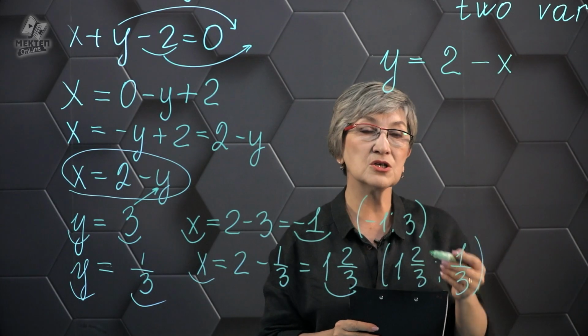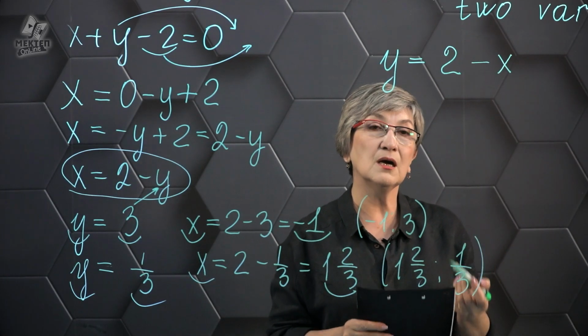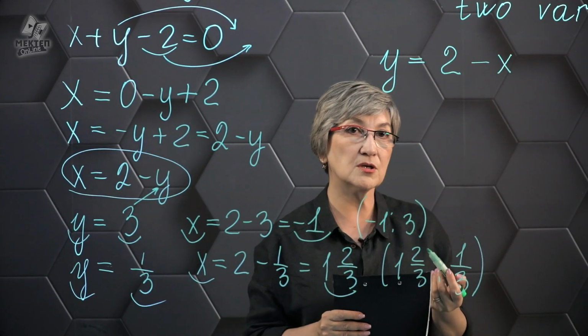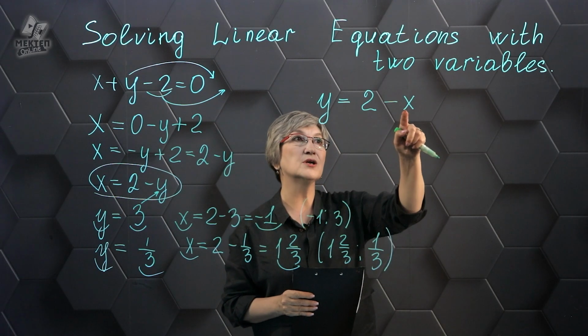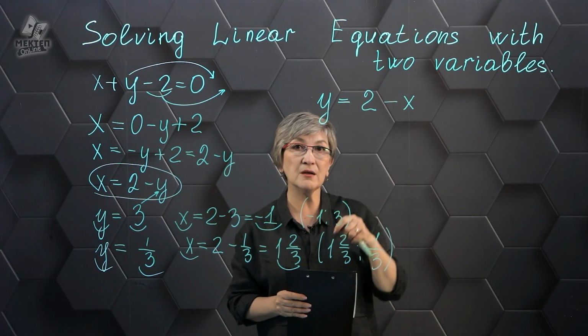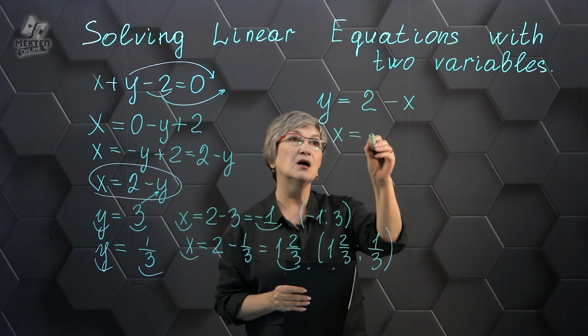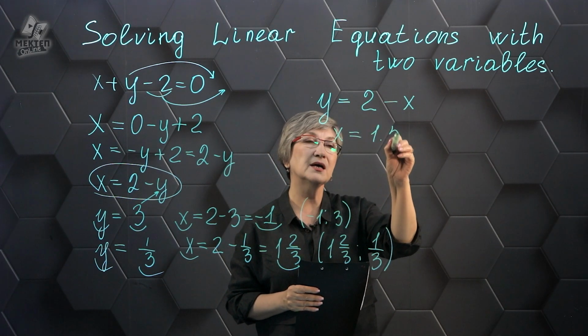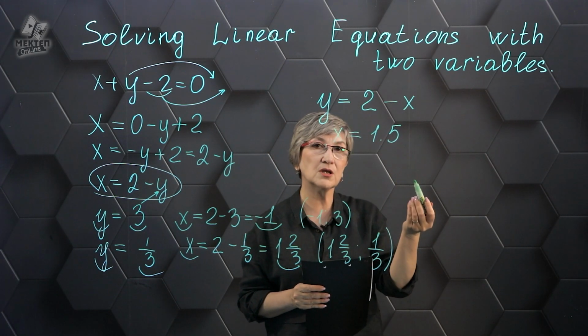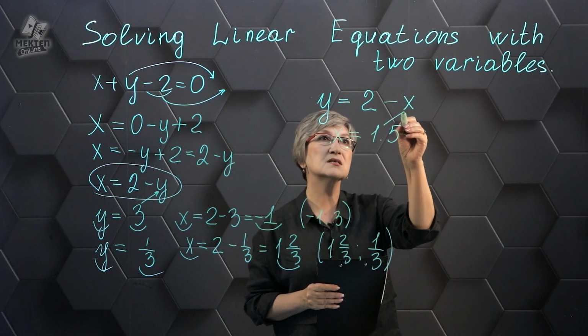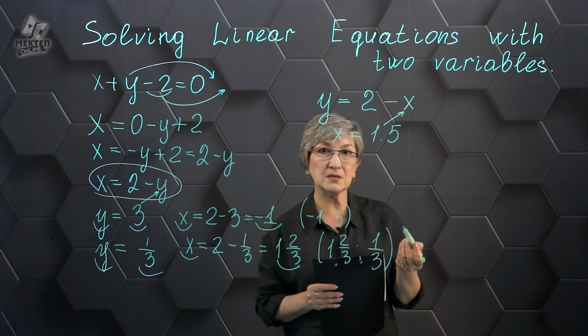And using this expression, you can also find pairs of numbers that are the solution. But in this case, we substitute any number in place of x. For example, x equals 1.5. What happens as a result? Instead of x, I substitute 1.5.